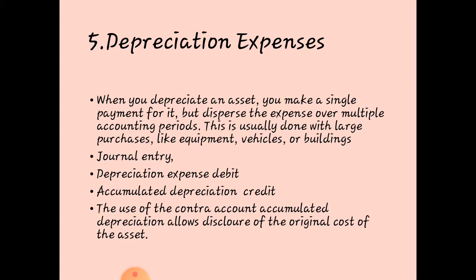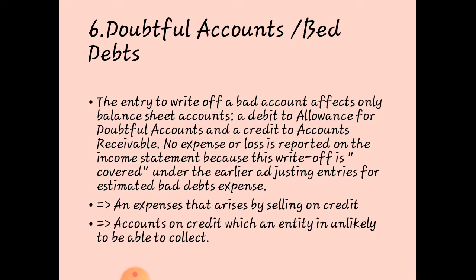Journal entry: depreciation expense is debit, accumulated depreciation is credit. The use of the contra account, accumulated depreciation, allows disclosure of the original cost of the asset.